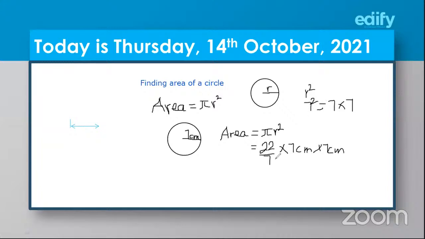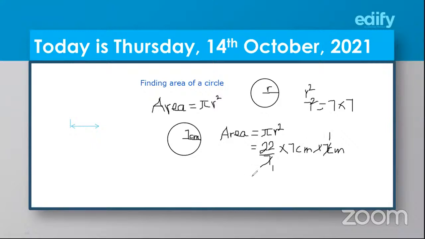Okay. Thank you, Michelle. You can continue. We are going to divide 7 by 7. We get 1. And then we divide the other 7 by 7. We get 1.